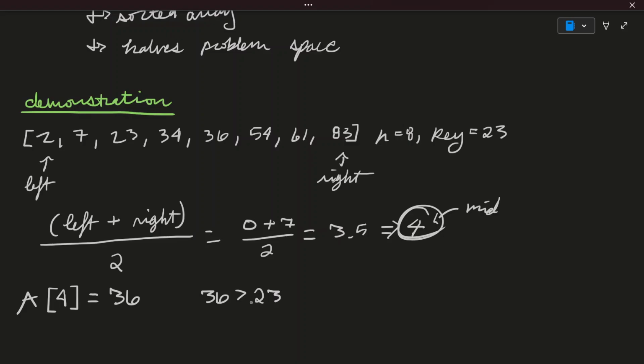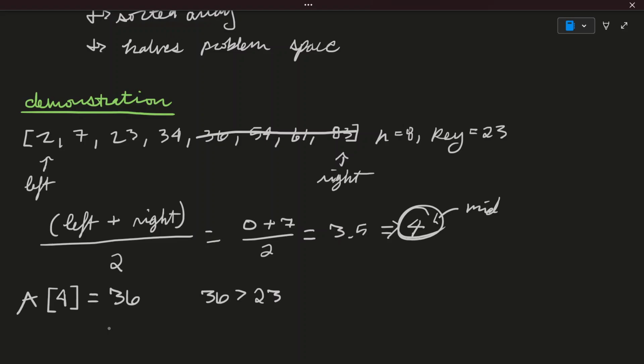Since we found out that 36 is greater than 23, we know we can eliminate the upper half of the array. We don't need to look there anymore because it's impossible that our key would be there since this is a sorted array. So we only need to look at the lower half.